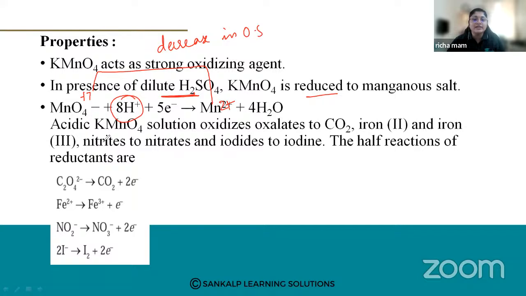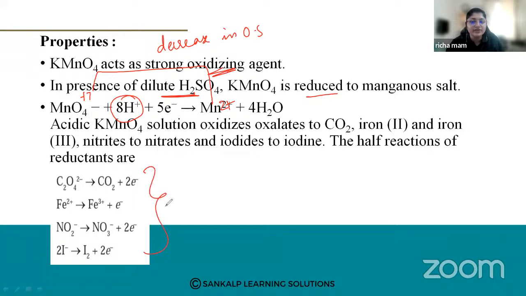This acidic KMnO4 will oxidize oxalate to carbon dioxide, Fe2+ to Fe3+, nitrites to nitrates, and iodides to iodine. So these are the reactants. Why is KMnO4 acting as an oxidizing agent?